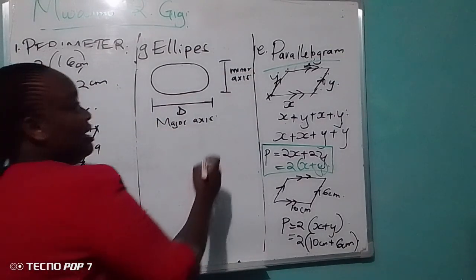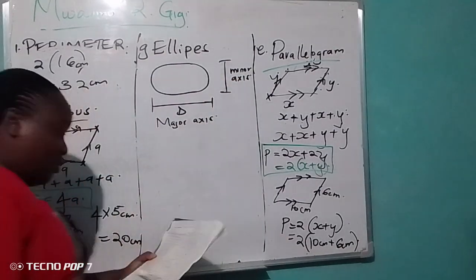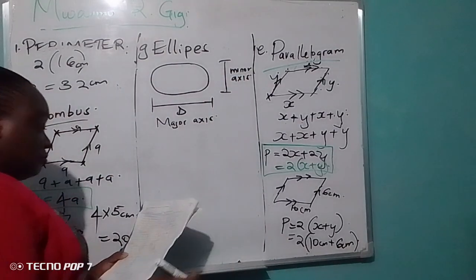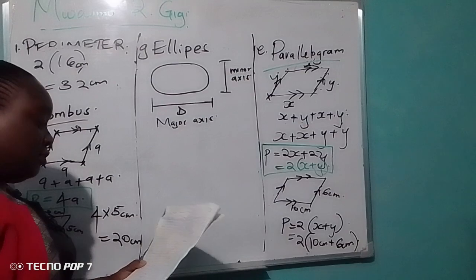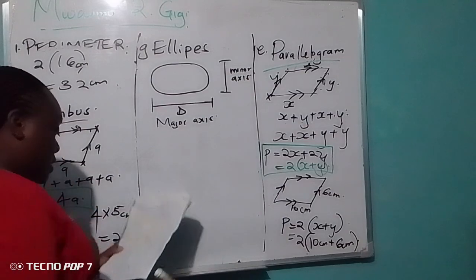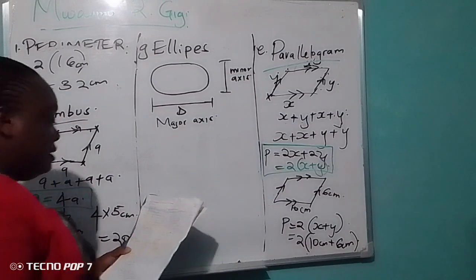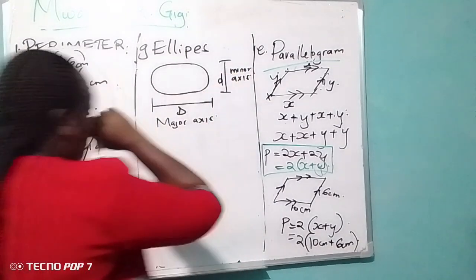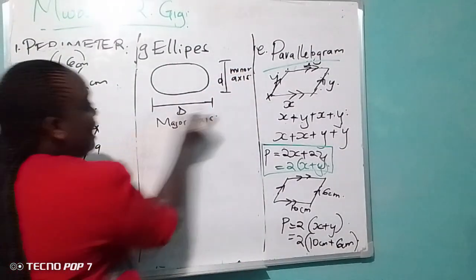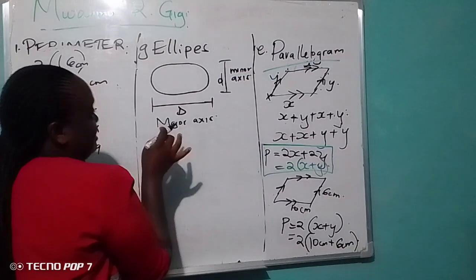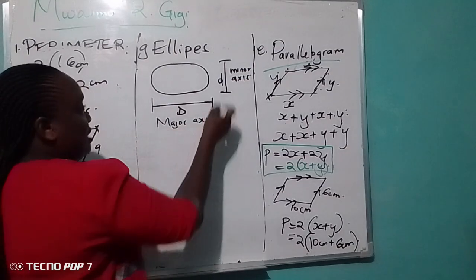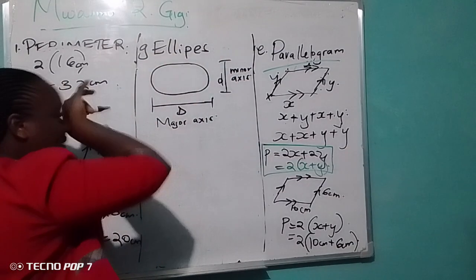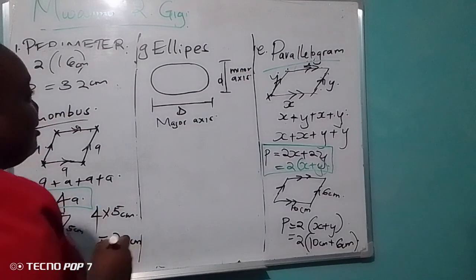So major axis and the minor axis. Let's call that D. D na D ndogo. Tuweke D ndogo. Diameter of the major axis. Ile refu. Then diameter of the minor axis.